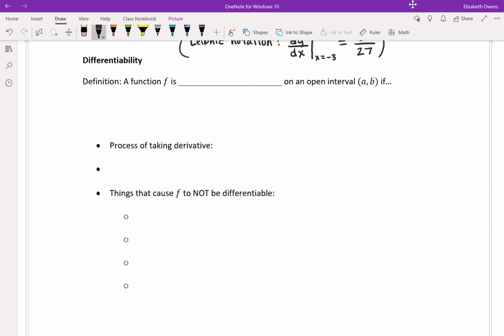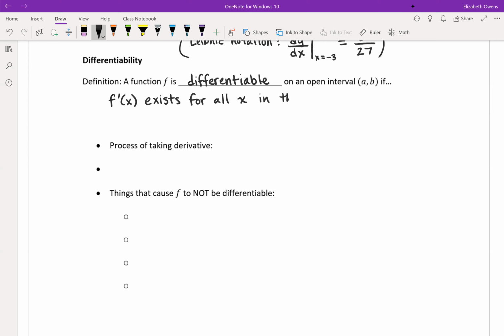That definition says that a function f is differentiable on an open interval from a to b if f prime of x exists for all x in the interval from a to b.